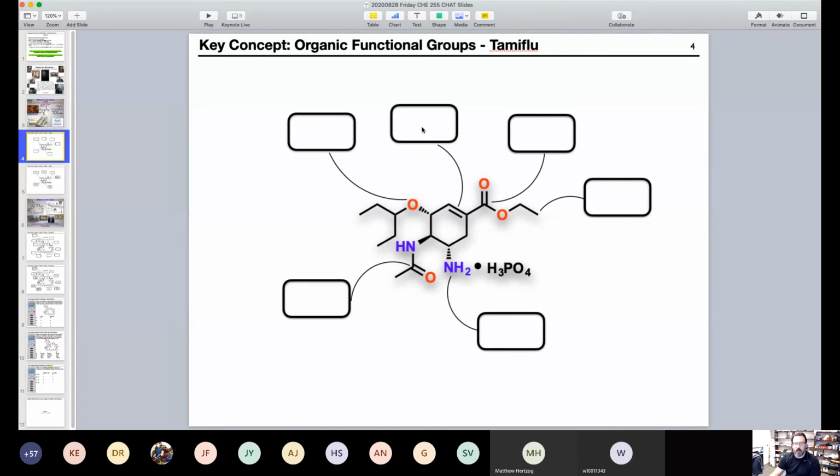So we have ether, alkene, ester, alkane, amine, amide. So that's 6 functional groups, right? That's a lot of information. So what do you know so far? You know oxygen's an element. It's forming 2 sigma bonds. It has lone pairs.